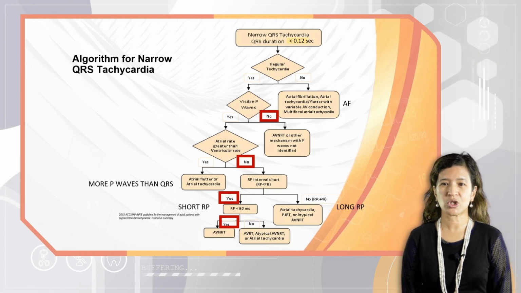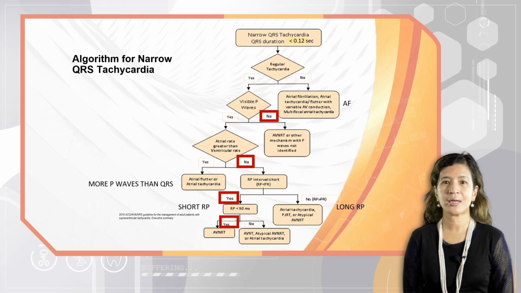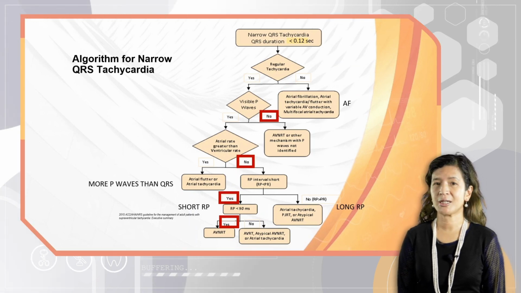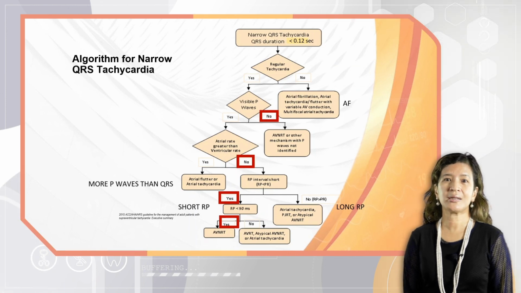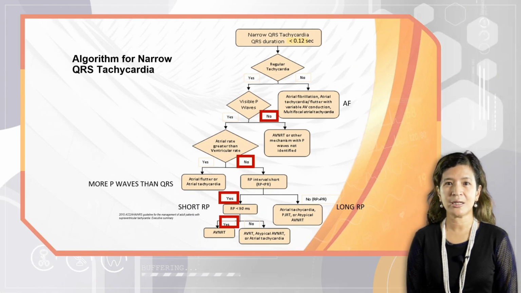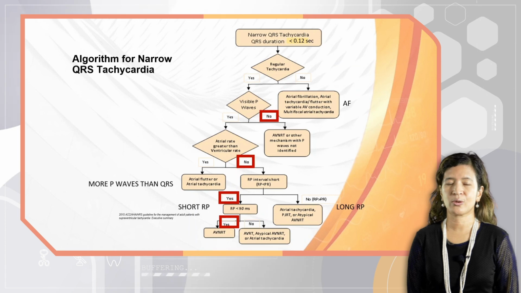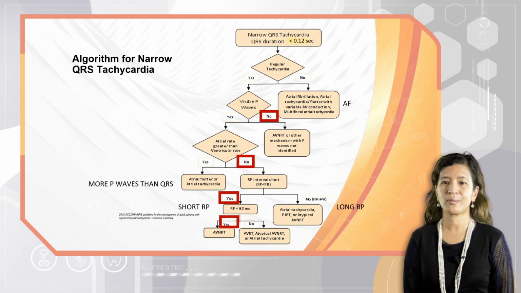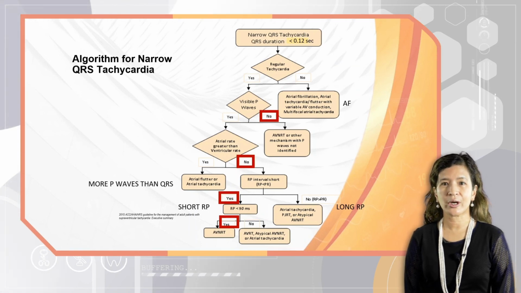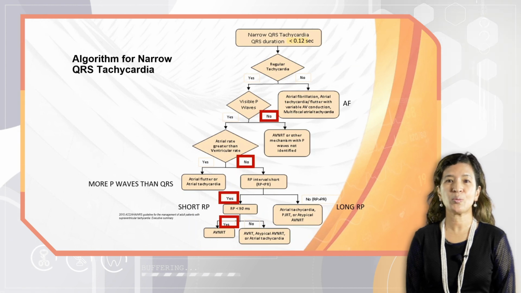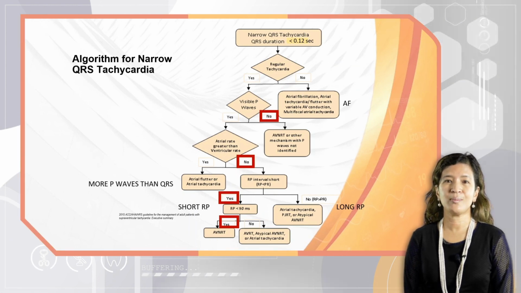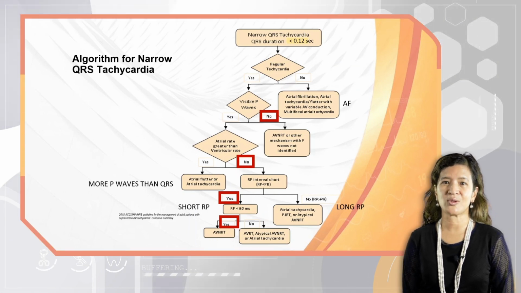The first question in the first diamond to ask is, is the tachycardia regular or not? If it is not, then the diagnosis is automatically atrial fibrillation or some form of atrial tachyarrhythmia. If it is regular, then one is left with two possibilities. It can be an atrial tachyarrhythmia or an SVT.